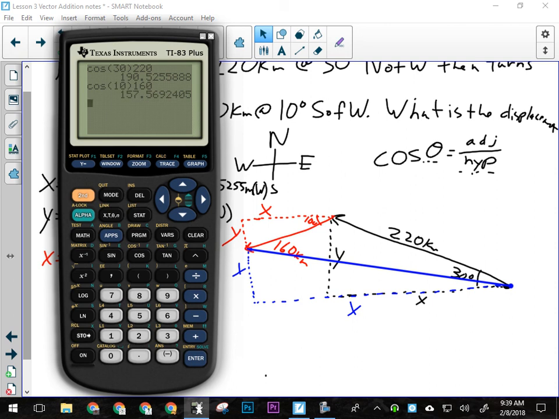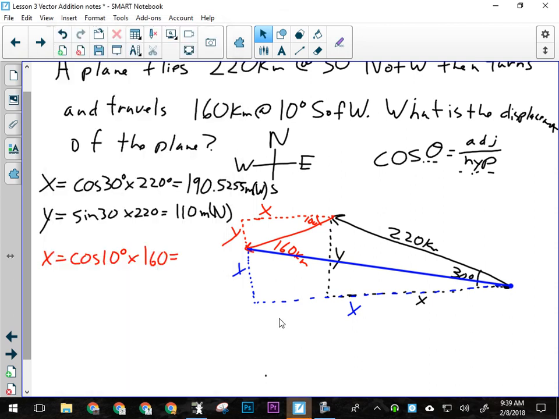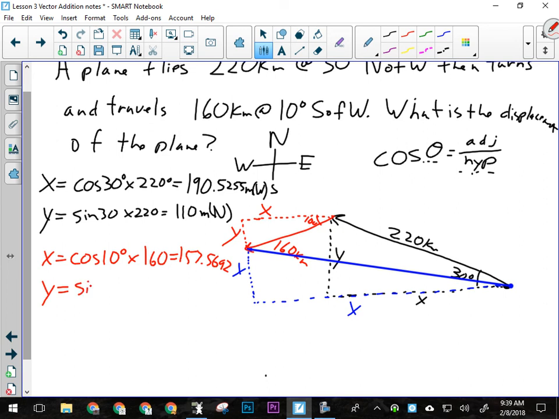Okay, so 157.5692. Right, and again, we want to keep all those decimals for later. And then I got to find red y. Y is the opposite side, so we'll go sine of 10 degrees times 160.